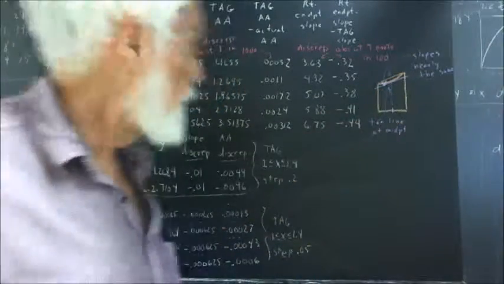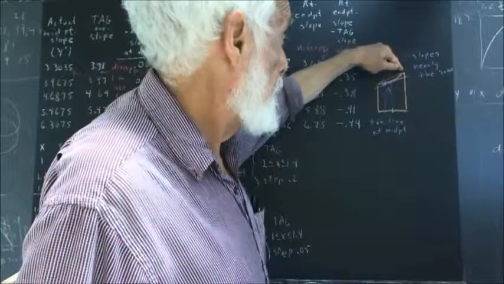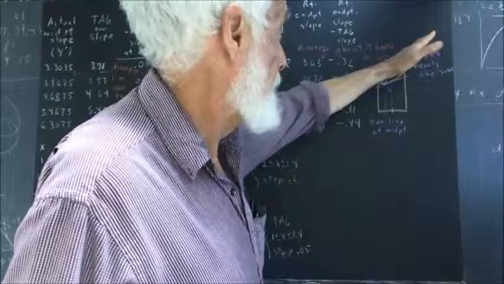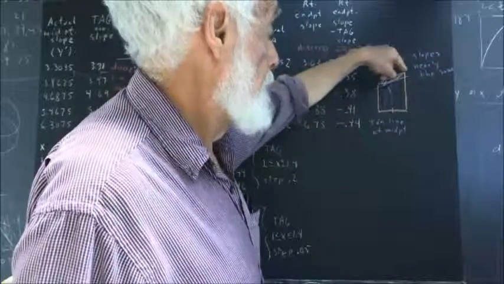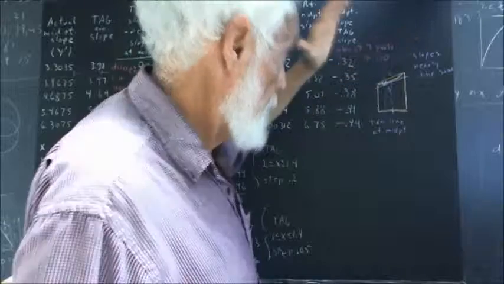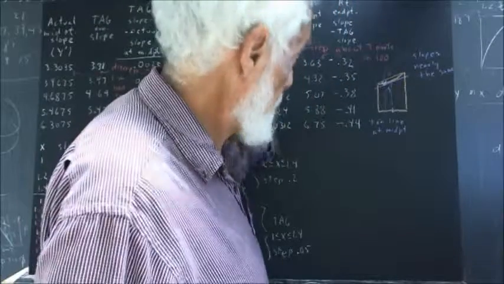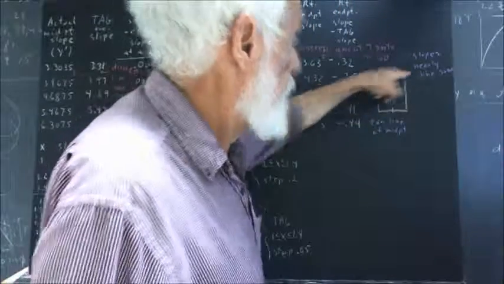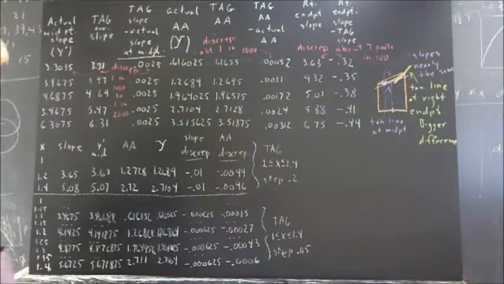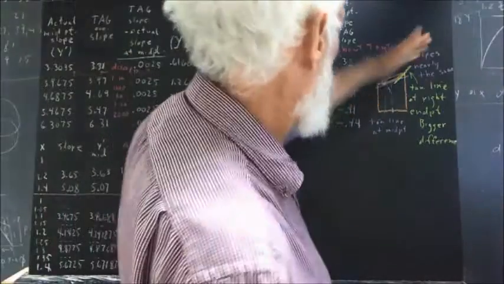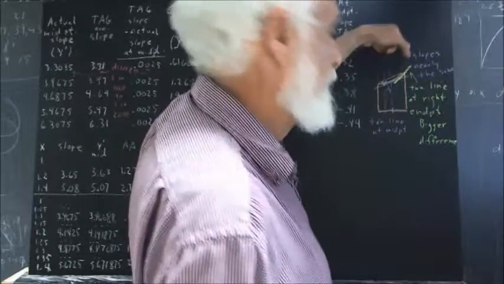Okay, now the right-hand endpoint is here. And clearly the slope of the tangent line at that point is going to differ more significantly from the average slope, the slope at the top of the trapezoid, than the tangent line at the midpoint. And let me draw that. So here I've sketched a tangent line to this exaggerated curve.